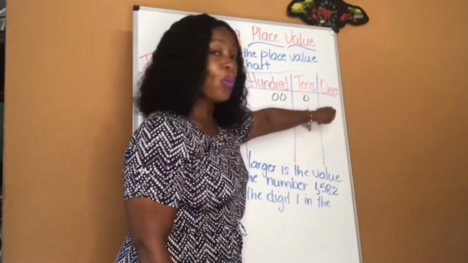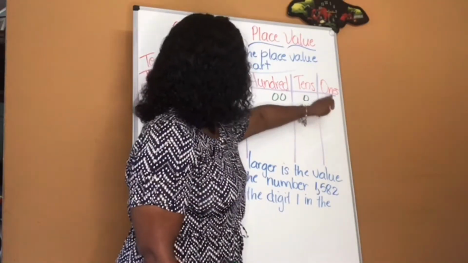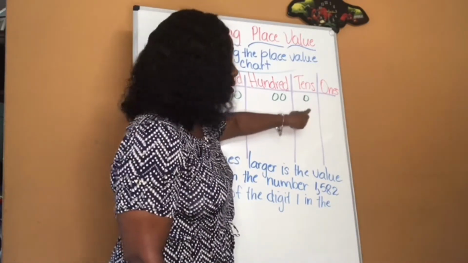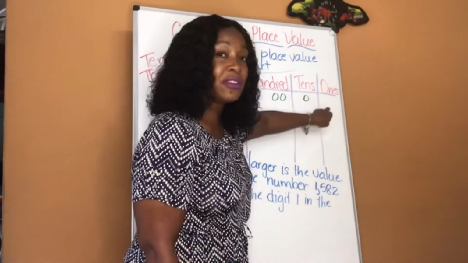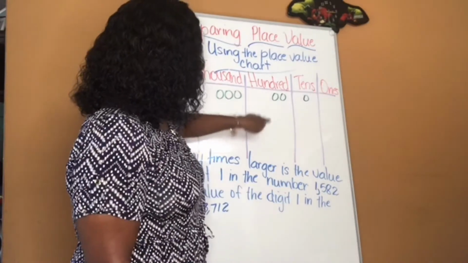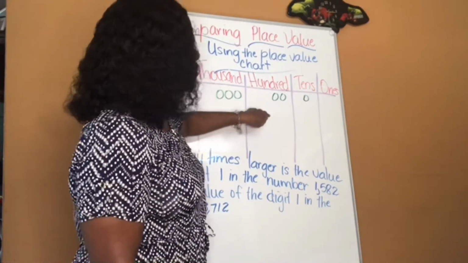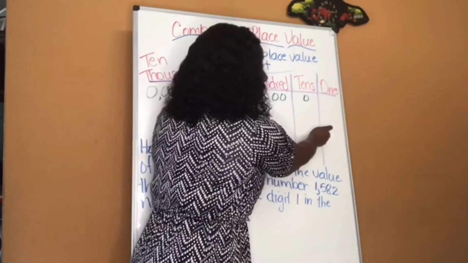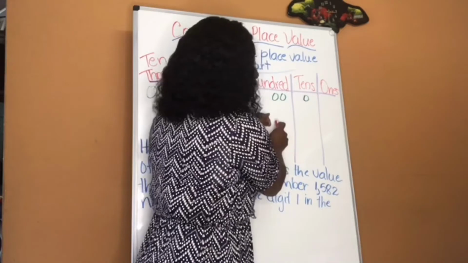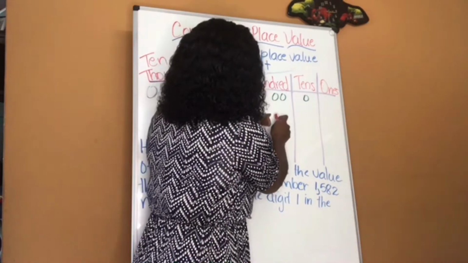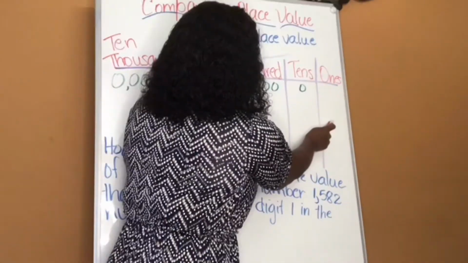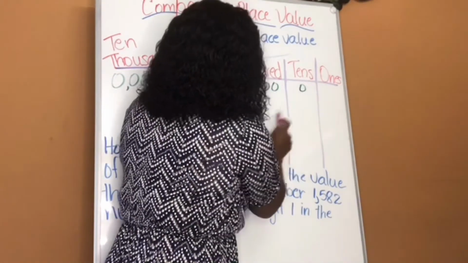So if I am at ones and I have a digit at tens, the value of the digit in the tens column is 10 times bigger than the value of the digit in the ones column. If there's a digit at 100, the value of the digit in the ones column is 100 times less than the value of the digit here, because here is 100, here is tens, here is 1.